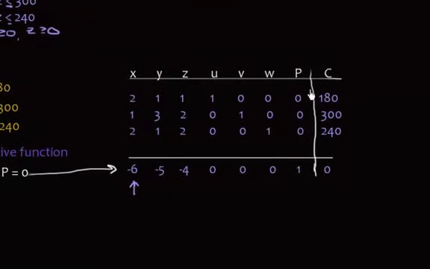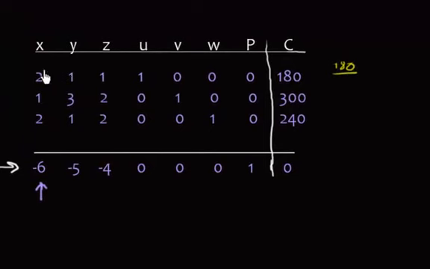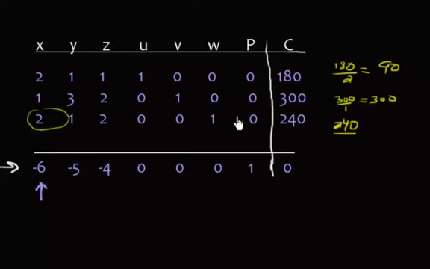So you're going to come over here, and we're going to divide the constant, like 180, divided by 2, because that is the corresponding entry in the pivot column, that gets me 90, and then you do 300 divided by 1, that's 300, and then 240 divided by the 2, and that's 120. So which one is the smallest ratio? It would be the 90, so this would be my pivot row, and this will be my pivot column.